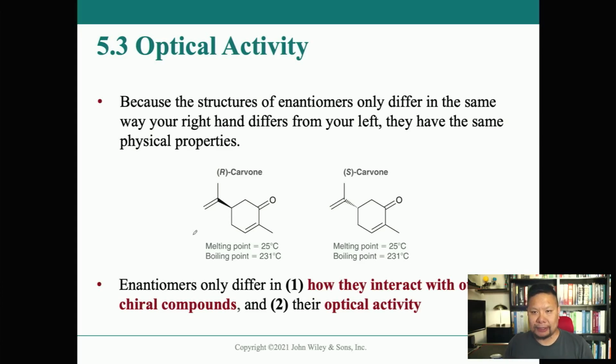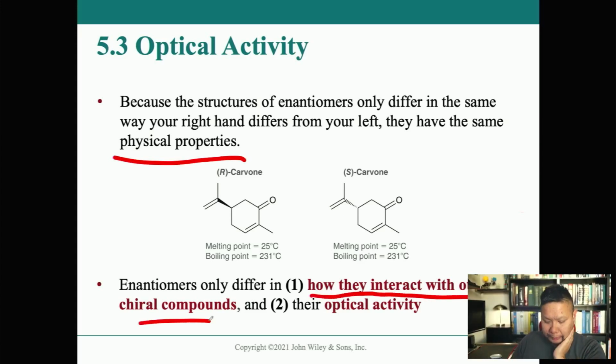Sorry, I didn't mean to say identical, but they're identical in their physical properties. But enantiomers do have differences in the way they interact with each other and other chiral compounds, and they also differ in their optical activity, which we'll talk about in a second.